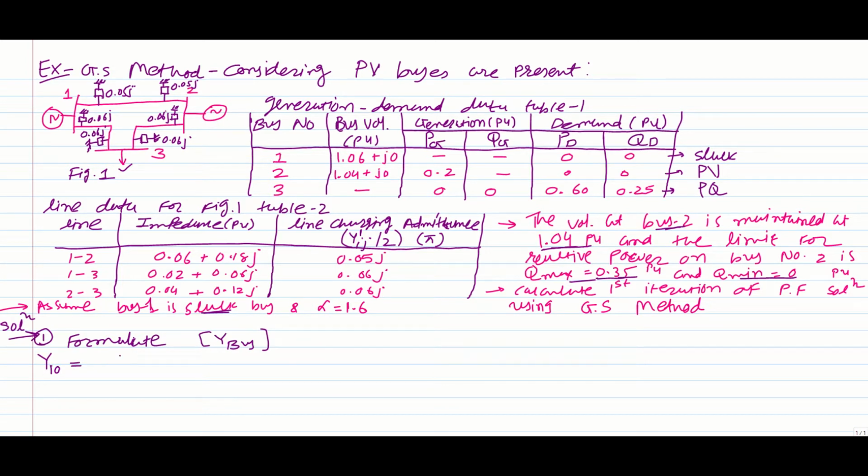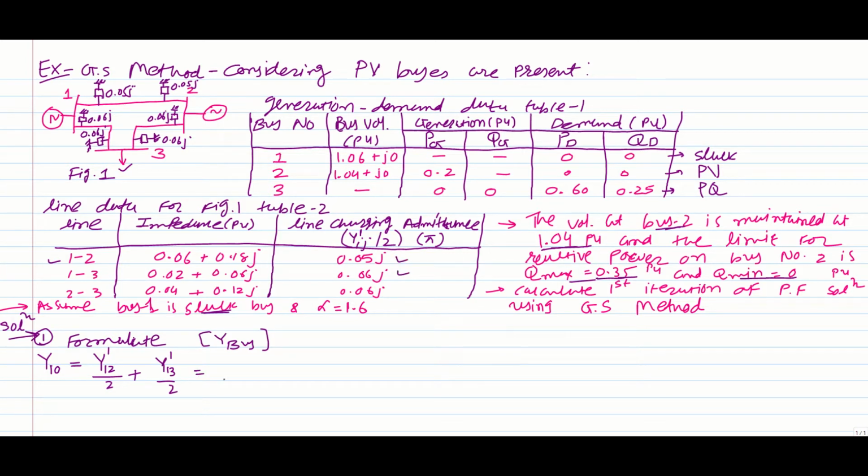So for y10, I will write the generalized equation for 1, and then I will write directly the answer for the rest of the elements. So for y10, look at bus number 1, the total shunt, or we can say line charging admittance, offered by transmission line 1 2 divided by 2 plus 1 3 divided by 2, which is already given to us over here.